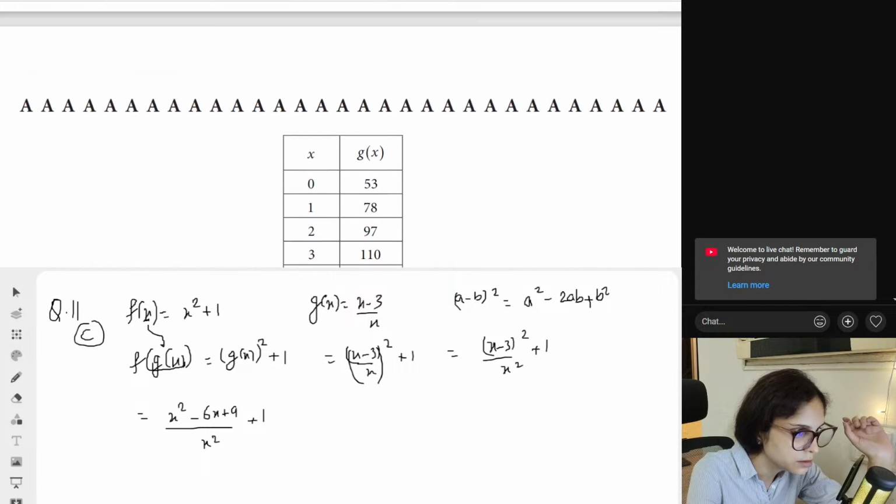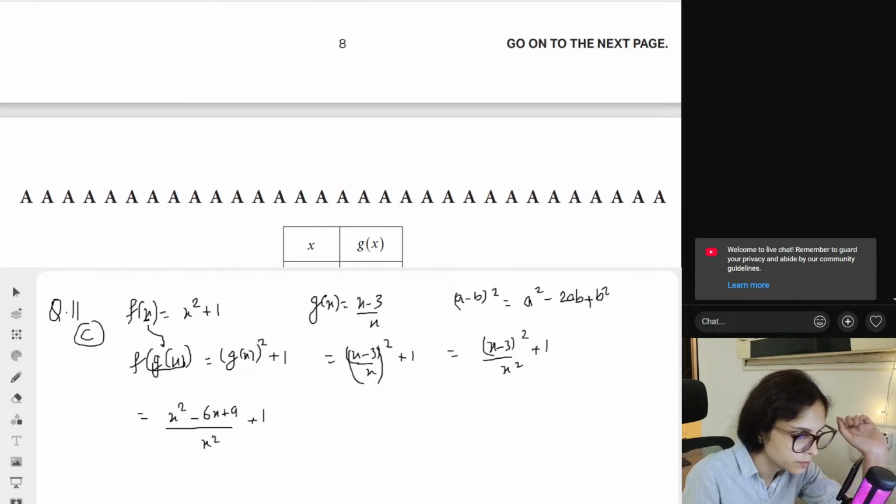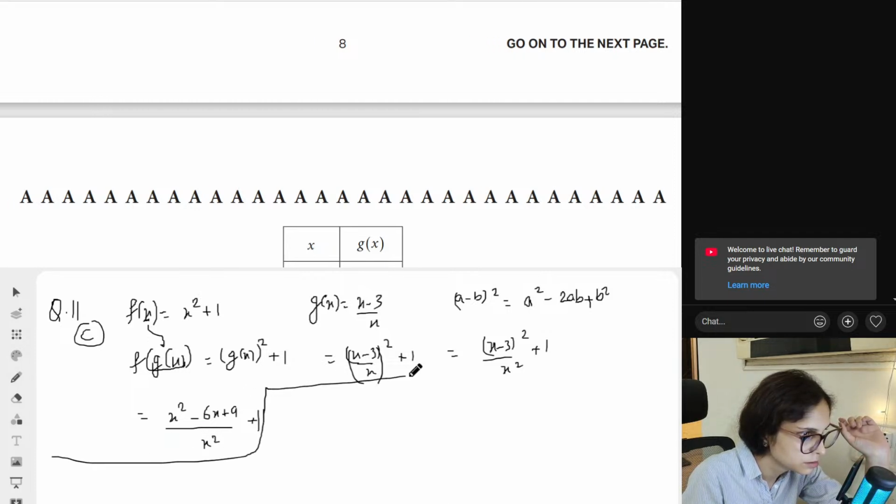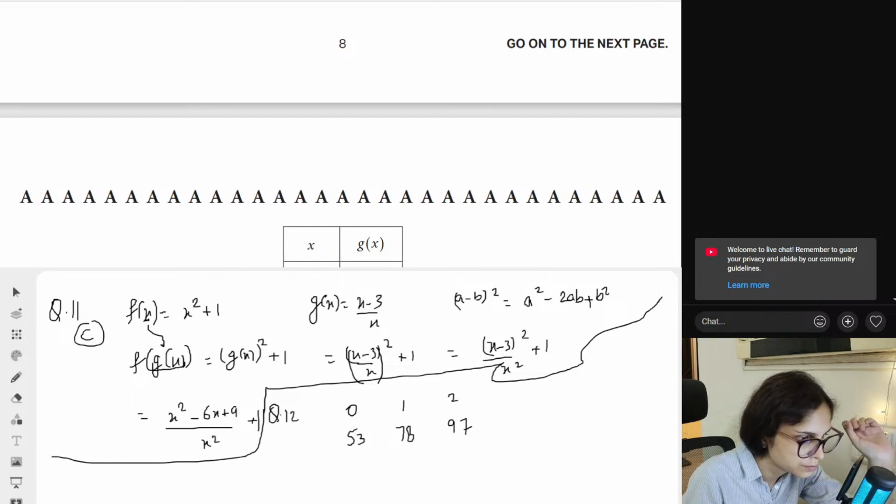So for that I'll be making the table: 0, 53, 178, 297, 3, 110, 4 is 117.